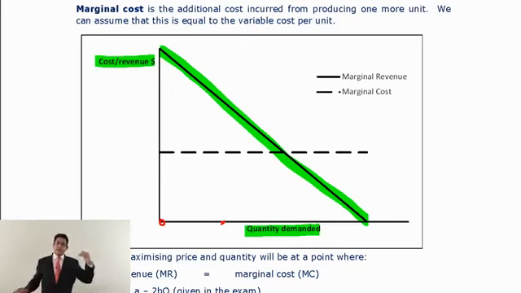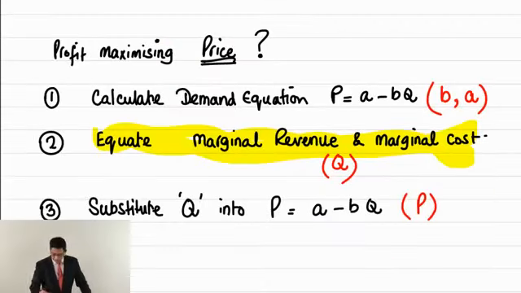And as the quantity demanded goes up, marginal revenue keeps on coming down, okay? Or actually, let me show you in a slightly different way, a slightly better way to explain from scratch.